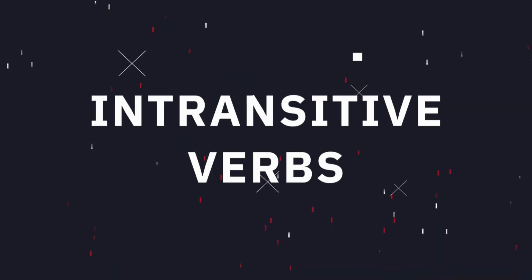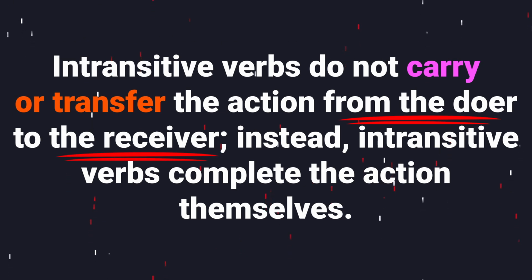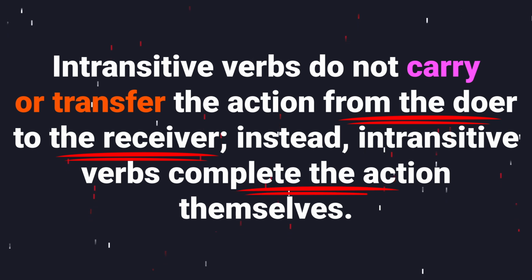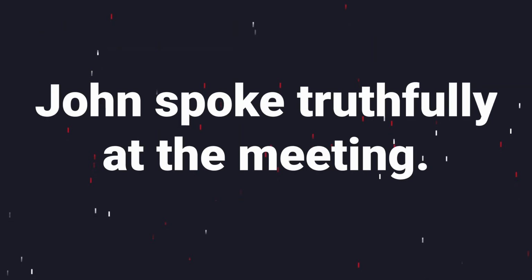Let's move on to intransitive verbs. Intransitive verbs do not carry the action from the doer to the receiver. Instead, intransitive verbs complete the action themselves. For example, John spoke truthfully at the meeting. Notice there is no receiver of the action.